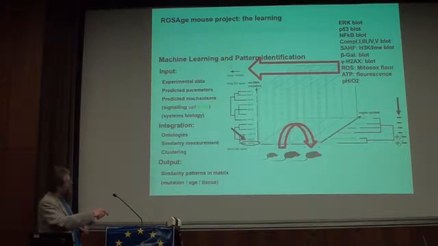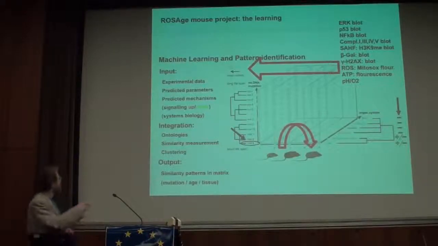And we are measuring the data in several organ systems, like central nervous system, immune system, pancreas, and fibroblasts. And the data are mostly protein data, because we are doing blood data of the various kinases and NF-kappa B and the complexes, beta-galactosidase and other senescence markers. We are measuring ROS and ATP.